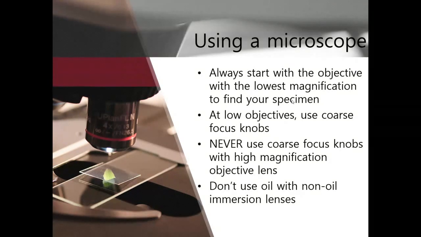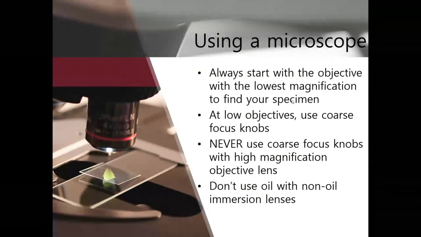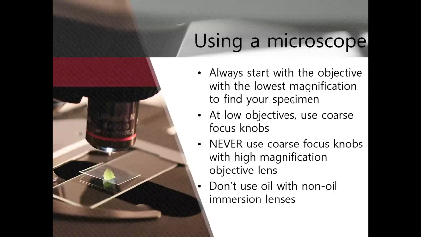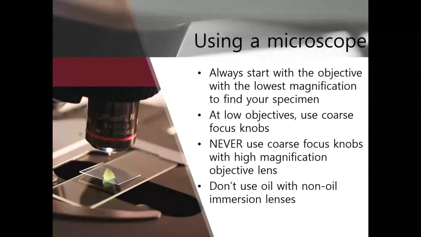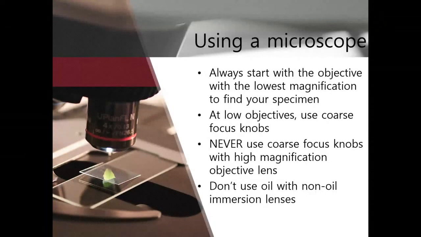And that's when you can use that coarse focus knob. Once you move up in magnification, you never want to use that coarse focus knob because you might slam the stage into the slide. Like in this picture right here, if you use the coarse focus knob, this would slam into the objective lens and you could really damage the lens, which are expensive, or the slide.